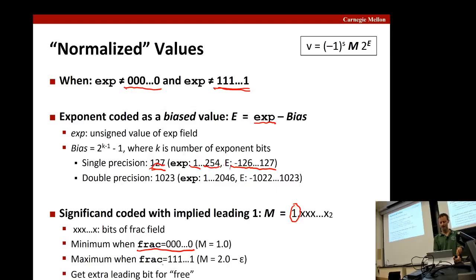It's maximized when the fraction is all ones, the 0.1111 case that's almost up to the next number, in this case almost 2, but minus a little epsilon. So that's what I meant when I said the range, at least in the normalized case, always falls between 1 and slightly less than 2 once interpreted.